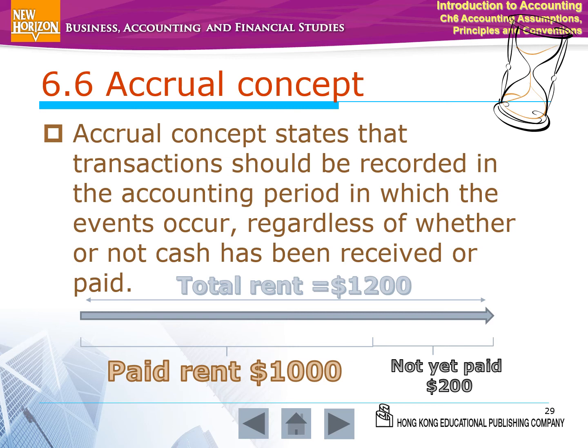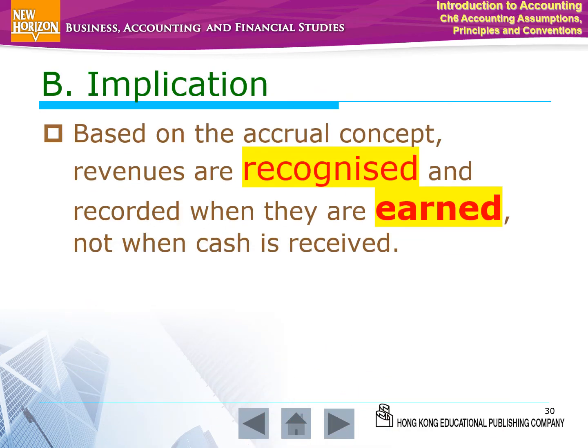Remember, even though some rent has not been paid, it has been incurred during the accounting period, the accounting year. This $200 should be added to the amount paid, $1,000. That means the total is $1,200 instead of $1,000. The implication is that revenues are recognized and recorded when they are earned.